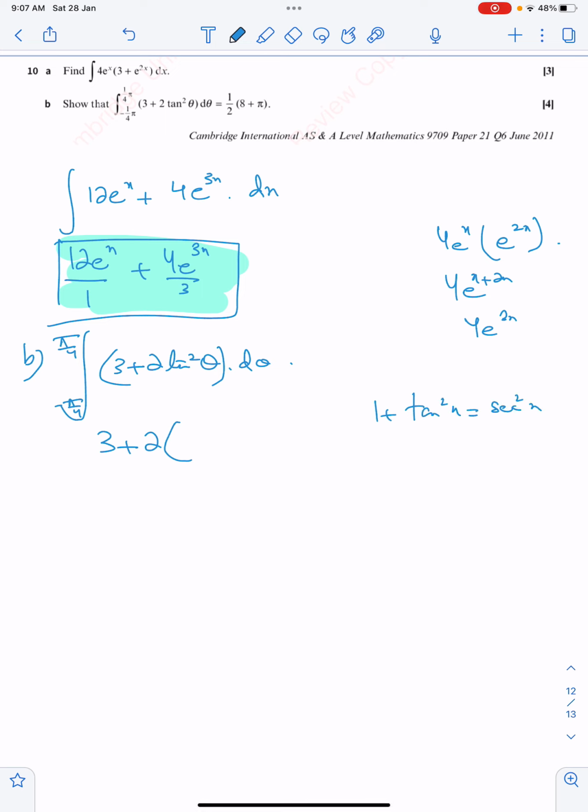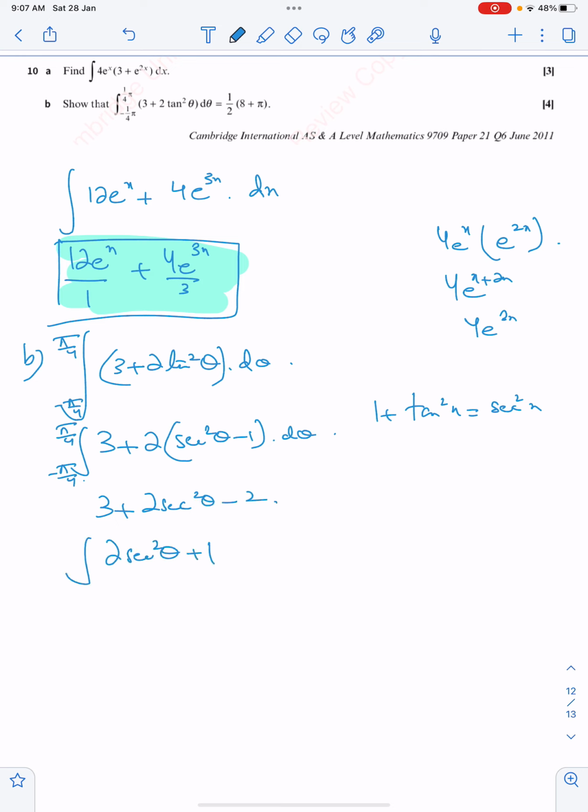So tan square theta is equal to sec square theta minus 1. So 3 plus 2 sec square theta minus 2, 2 sec square theta plus 1.